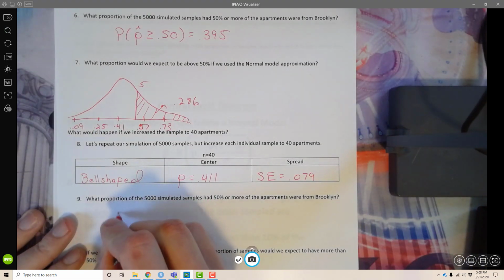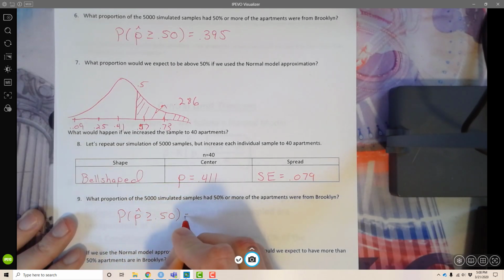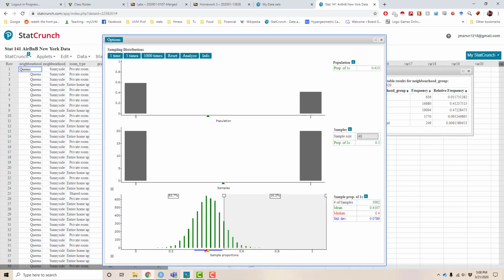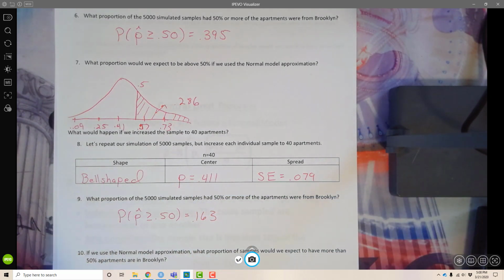The probability of our new sample proportion being greater than or equal to 50% is now 16.3%, or 0.163. So let's try our normal approximation again.